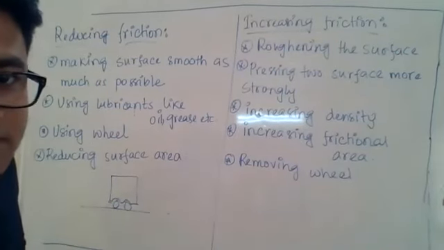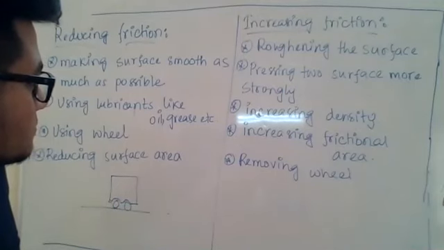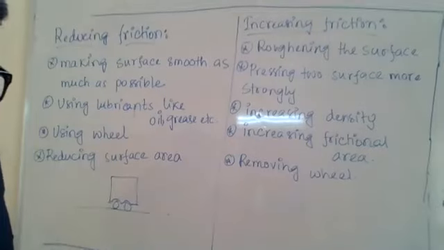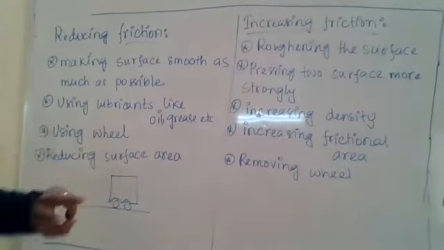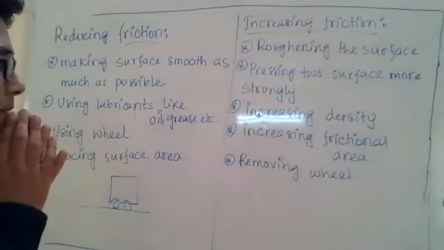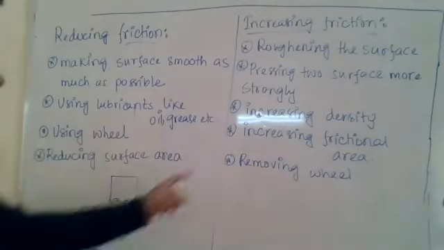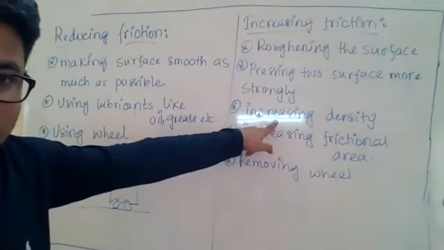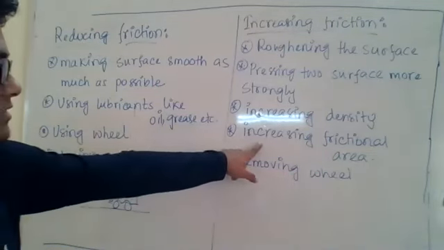Now GM, what happened? Yes, sir. Sir, can't we add the point in reducing friction, like decreasing density? Yeah, you can. Actually, this is for a 2 marks question. You remember the 2 marks question. I gave you so many points. You can just choose 2 or 3. Write at least 3. And try to memorize in this way so that you remember both. If you can memorize increasing density here, then you can write decreasing density there.